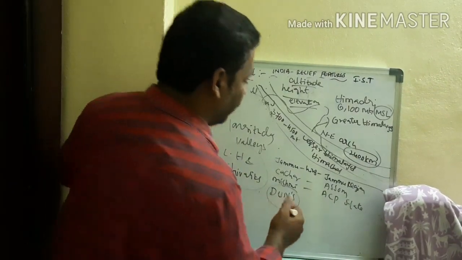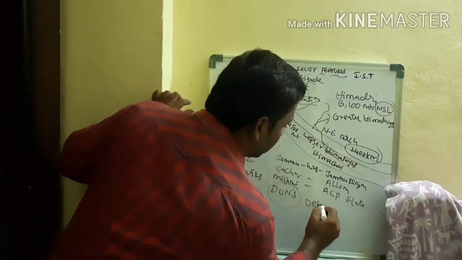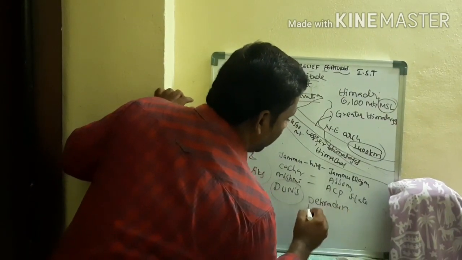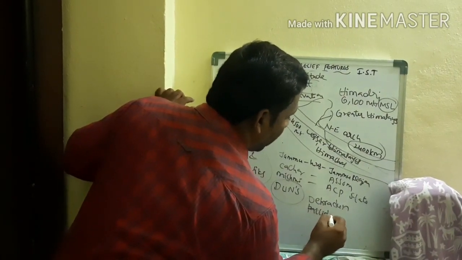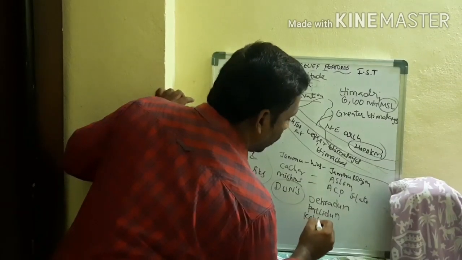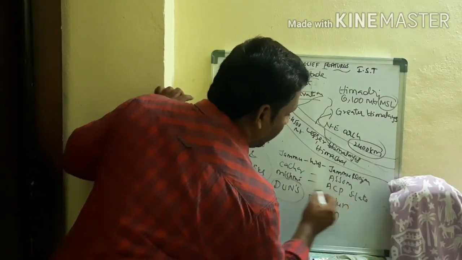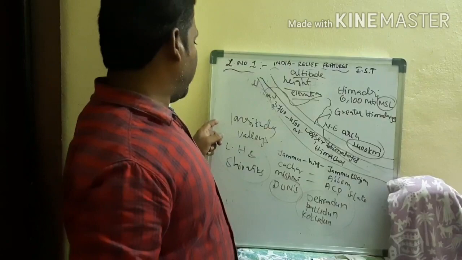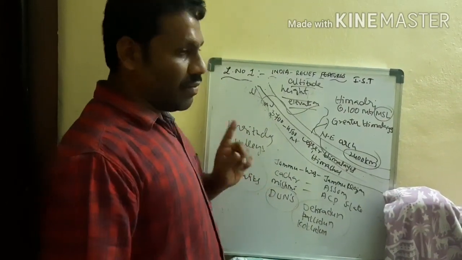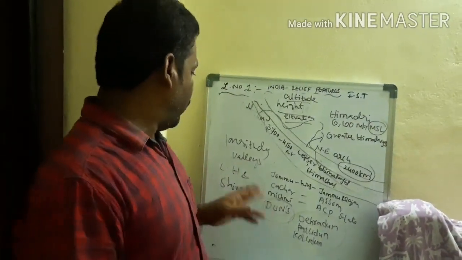Dunes. Example, Dehradun, Patli Dune, Kotli Dune. These are a few examples. They may be asked in examination: define the dunes. They may be asked as 1 mark questions.